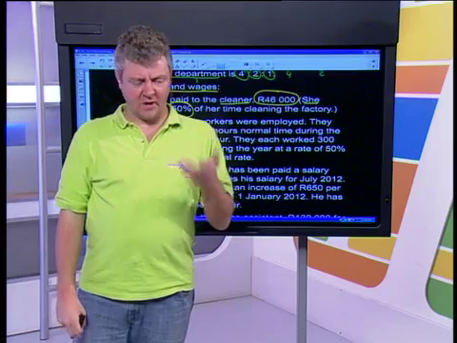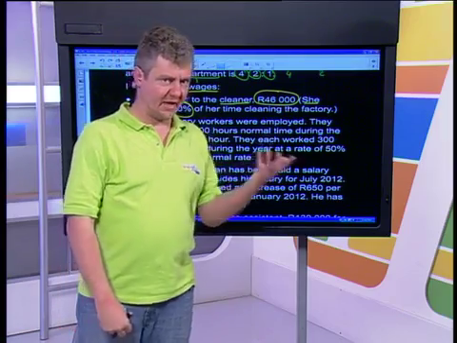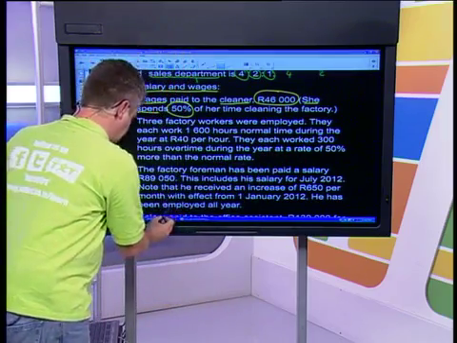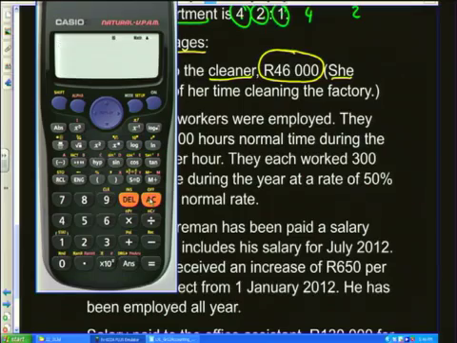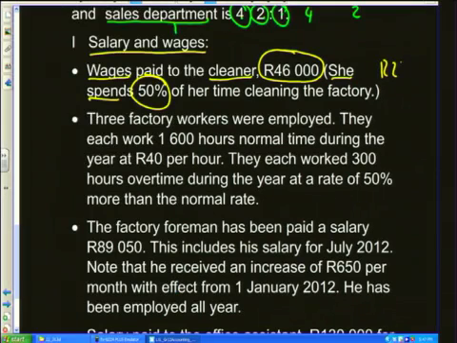So once again, we're going to have to work out the 50% and allocate it to the factory, and that should be quite easy. We're going to take 50% of 46,000, and we know that the cleaner's wages, those 23,000, are going to be allocated to the factory.